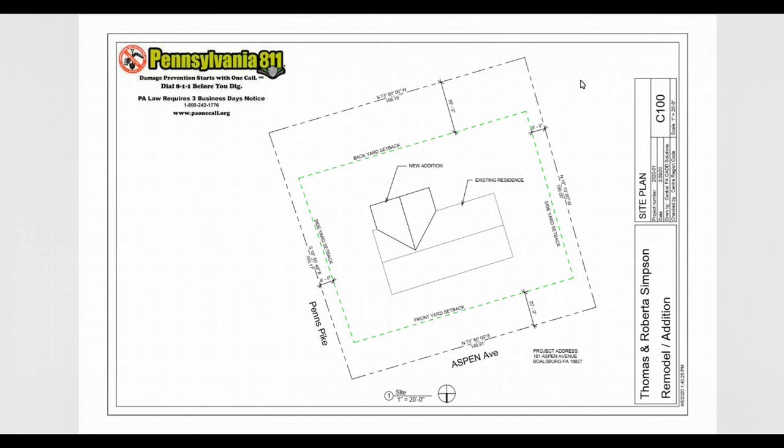So there's a lot of different things that could be on here. We could also show some details of how the excavation is going to take place, but this was basically a pretty simple site plan, and everything in here was what was needed to meet the minimum requirements for code approval.